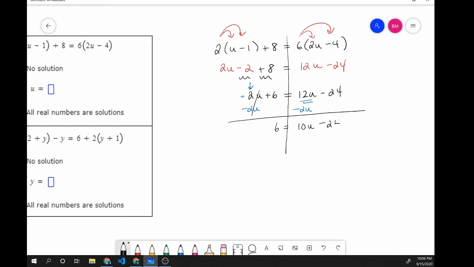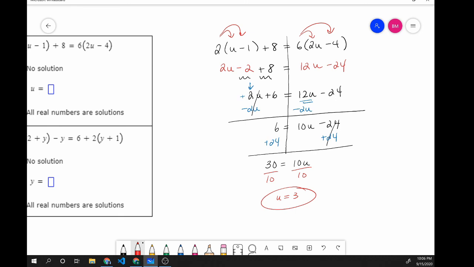Now, since my variables are on the right-hand side, my numbers have to be on the left-hand side. So I'm going to add 24 to get rid of the 24 here. I have 30 is equal to 10u. I'm dividing by the number next to it. So I have u is equal to 3.